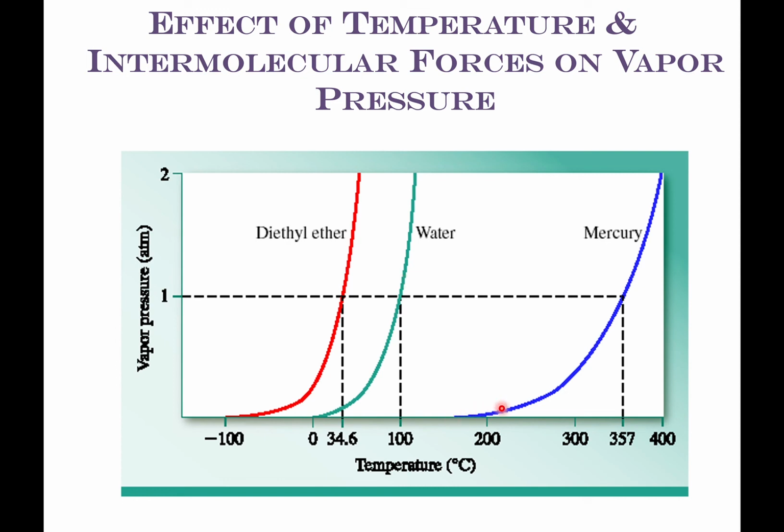And then mercury here at 200 degrees, and then we come up to 1 atmosphere. 357 is the boiling point of mercury there. We can see that they increase exponentially with temperature. So as temperature increases, vapor pressure is going to increase as well, because those particles are going to have more energy and they can escape into the gas phase.